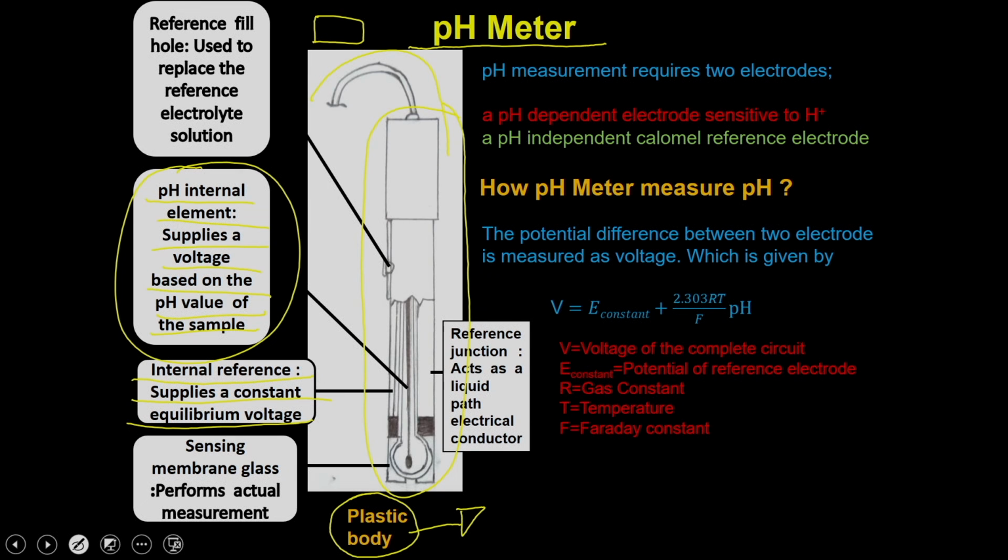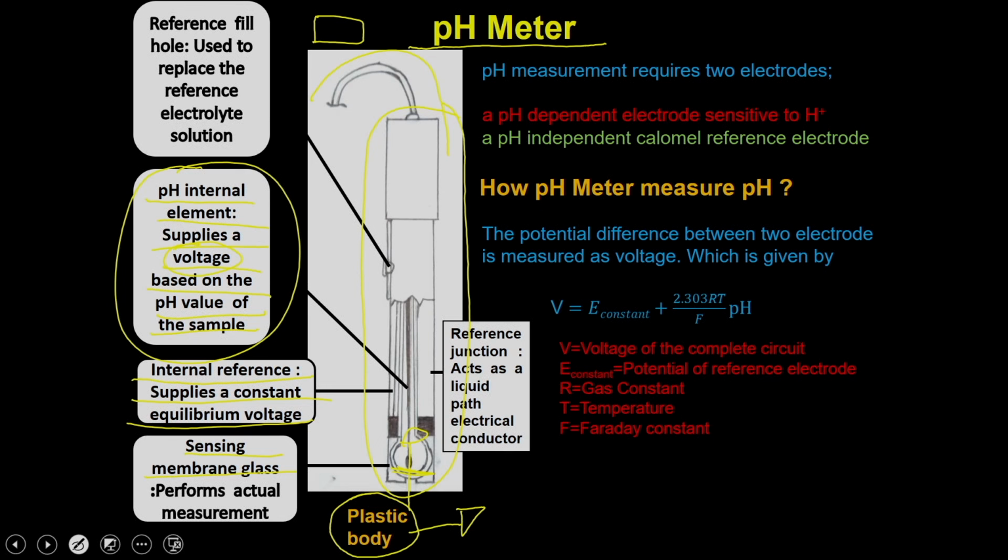Apart from that, you also have the sensing membrane glass, which allows the selective movement of hydrogen ions into the pH probe, so that it can generate a voltage, and that voltage can be used to measure the pH.